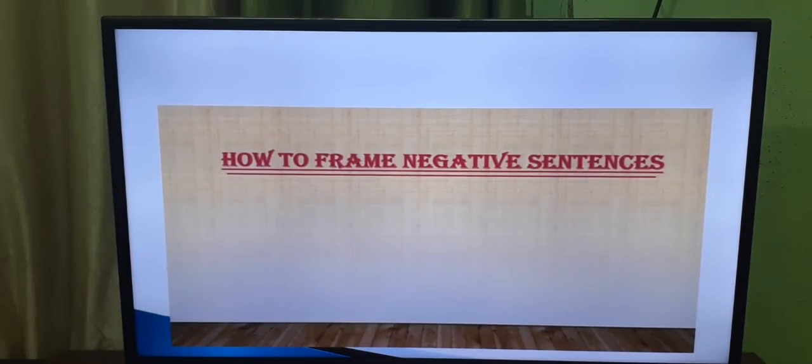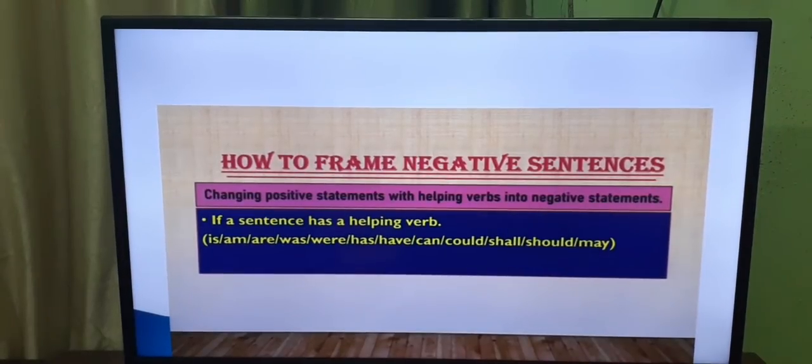Now we are going to learn how to frame negative sentences. For that, I have divided the kinds of sentences into various categories, and we are going to deal with each category one by one. And I am going to tell you how to change affirmative sentences into negative sentences.